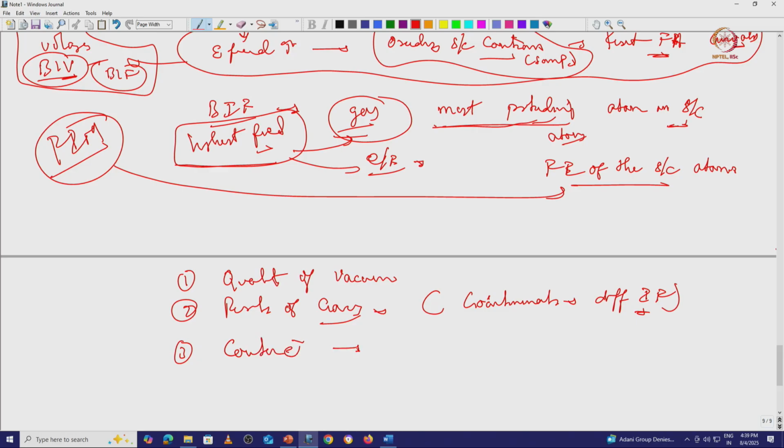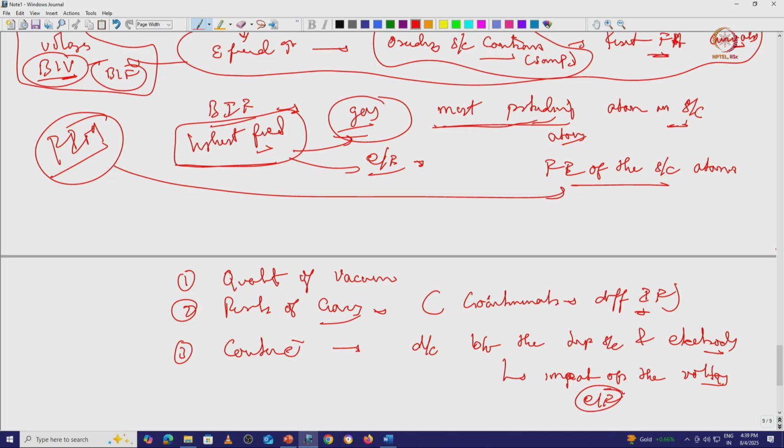Okay. Counter electrode means the distance between the tip surface and the electrode will have a direct impact on the voltage which is necessary to reach the required electric field.